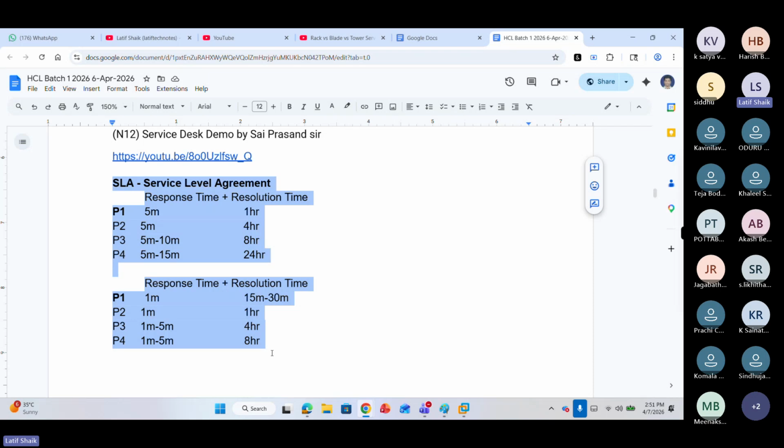One more example, not a direct one, just to understand why the response and resolution time varies from organization to organization, from client to client, or even from one project to another.